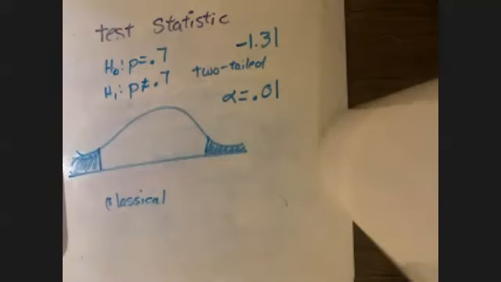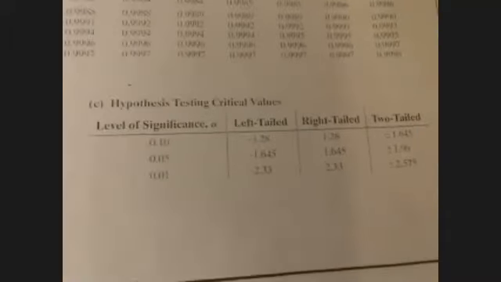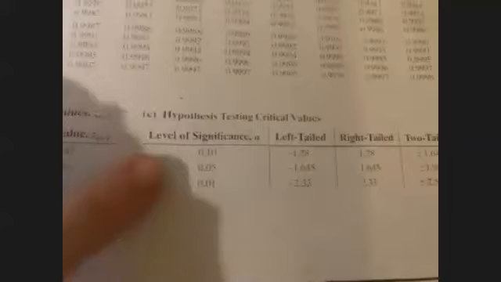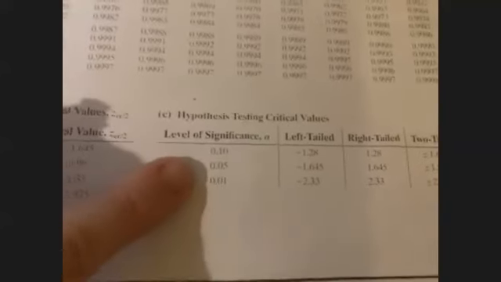Now, if we go over to the charts, one of the things that they have down here in this bottom little corner for us is our hypothesis testing chart. They have alpha here as 0.10, 0.05, or 0.01.